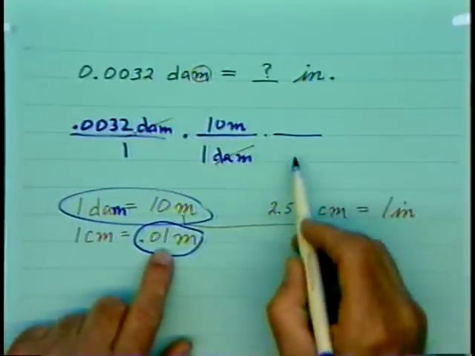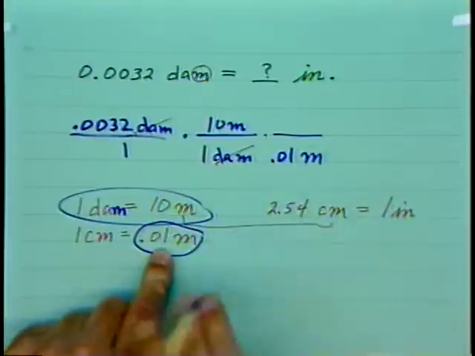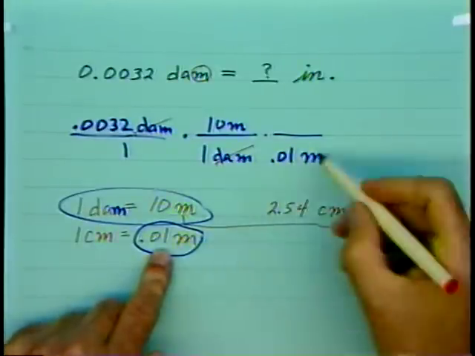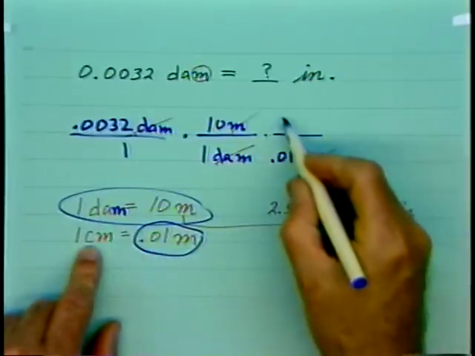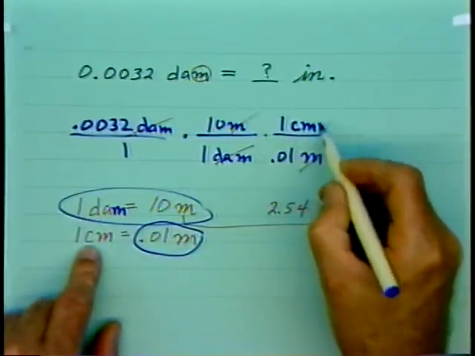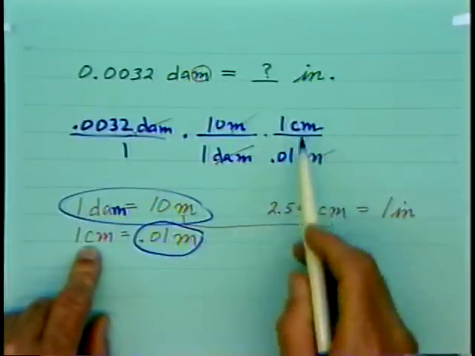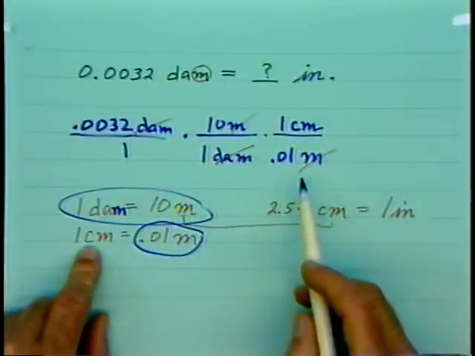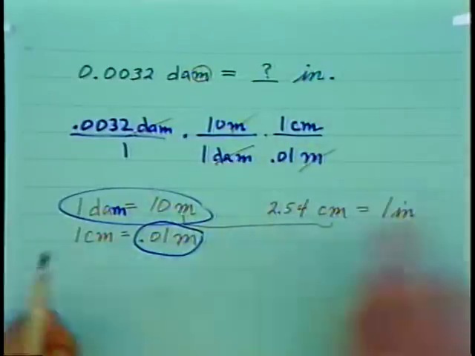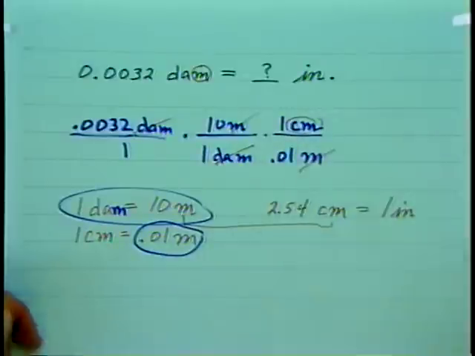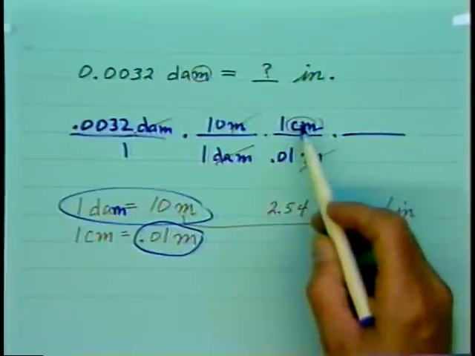I put it now on the bottom so that its m will cancel the m on top. But then I must put an equal amount on top to guarantee that I am multiplying by 1, something over its equivalent. But I still didn't end with what I wanted to end, so now I concentrate on getting rid of this. And I also note that I want it on the bottom, so that it'll cancel that.